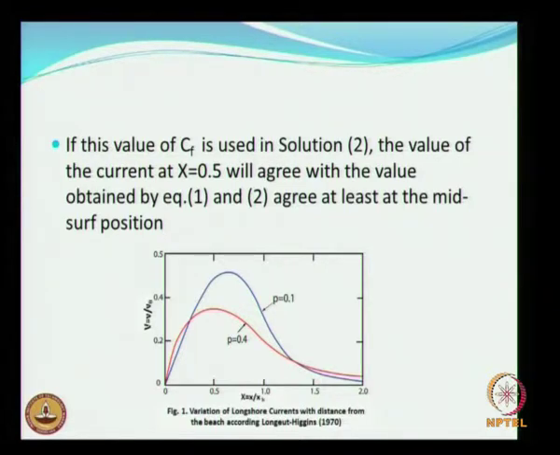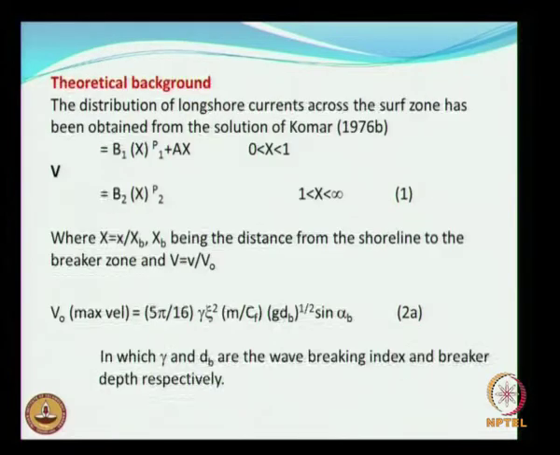You see that there are two values for the capital P, one is 0.1 and the other one is 0.4. When you look at this picture, if the value of the friction coefficient that has been used in the solution to equation 2 here, this is the maximum velocity, equation 2.